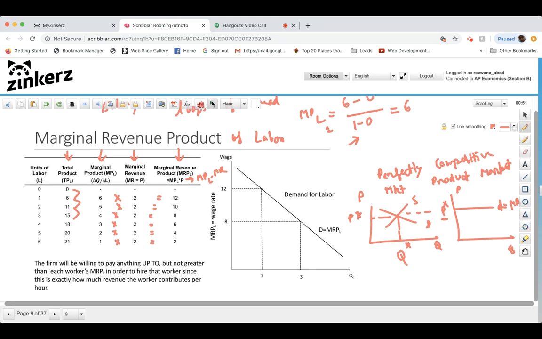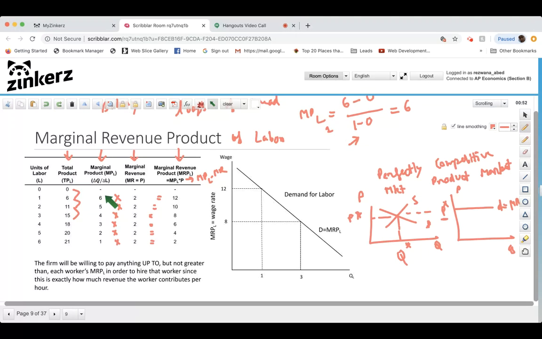Basically, why we care about this is that if you imagine being the first worker, the marginal product for the first worker is 6. So he is adding 6 additional loaves of bread to the total product per hour.